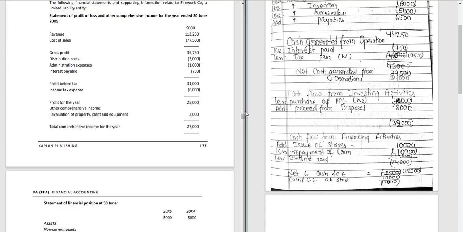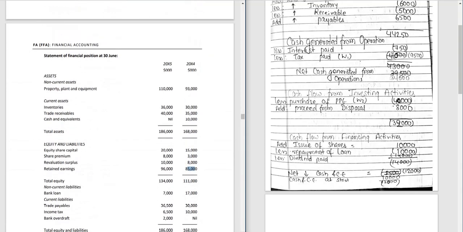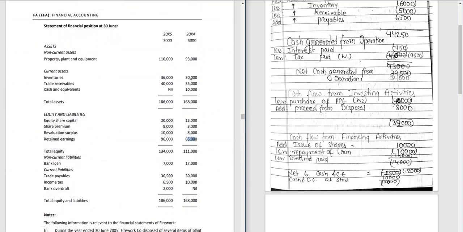And we are having the cash at the start, meaning previous year cash, here it is 10,000 given. Okay, so we will add this amount, we will get 2,000 in minus figure, it means overdrawn. So we are also having an overdrawn figure in the current liability, bank overdraft, that is 2,000. So it means our cash flow statement is correct.